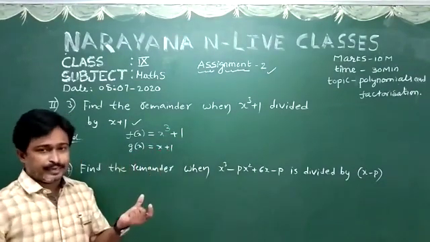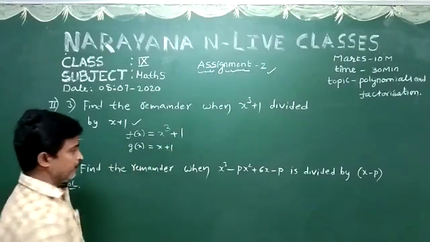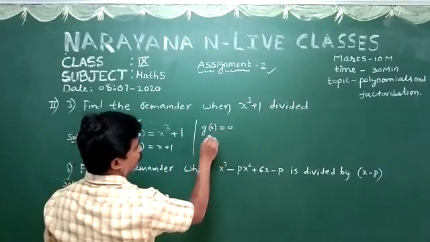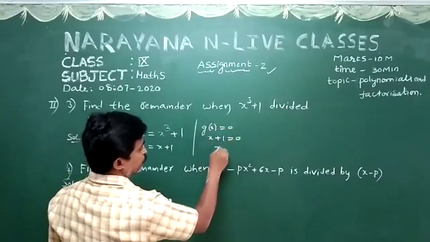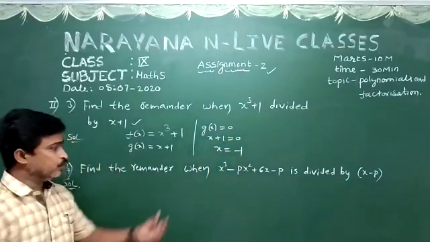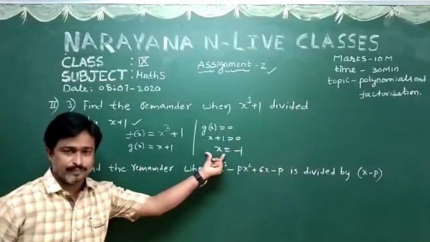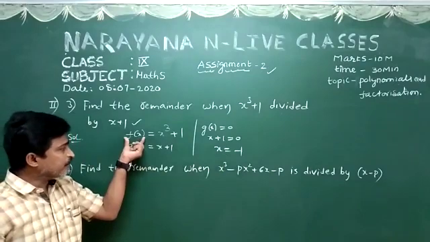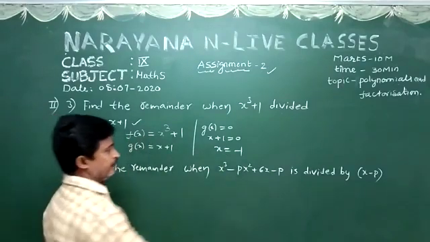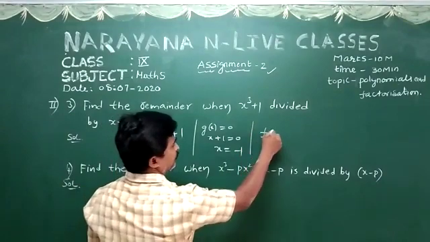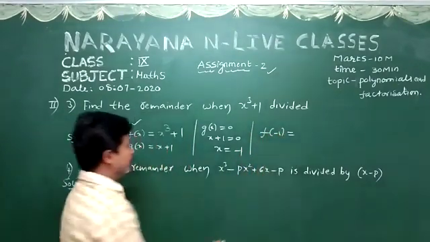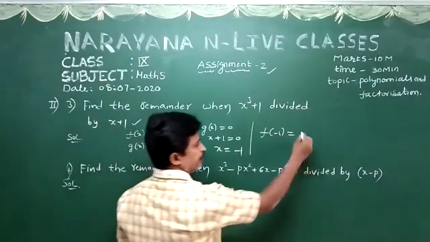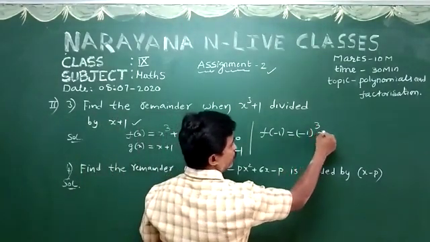To find the remainder, set the second polynomial equal to 0. That implies g of x is equal to 0, so x plus 1 is equal to 0, and x is equal to minus 1. Substituting x equal to minus 1 in f of x, which is x cube plus 1, f of minus 1 is minus 1 whole cube plus 1.